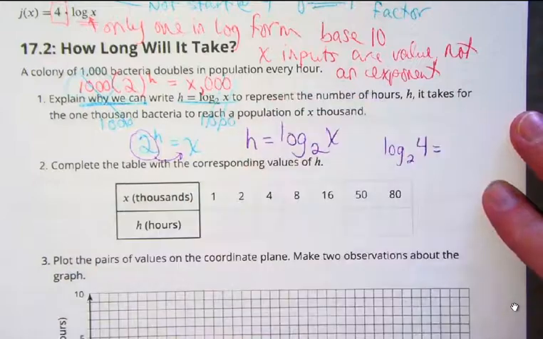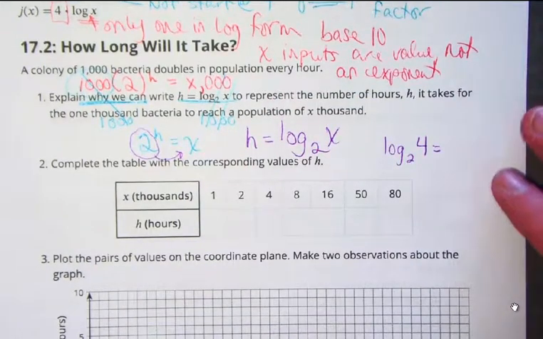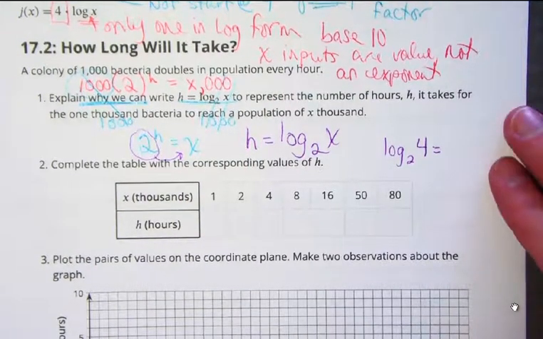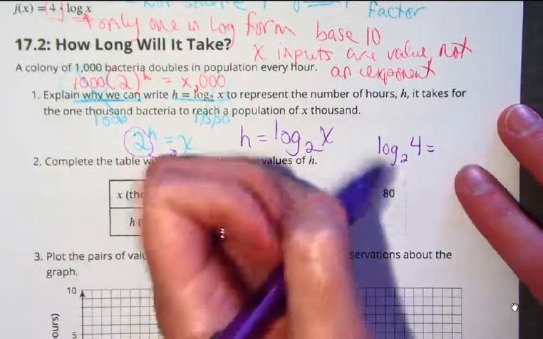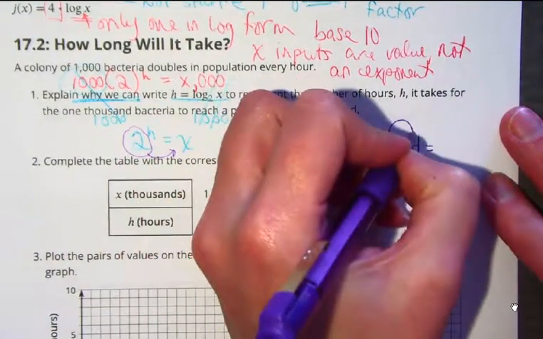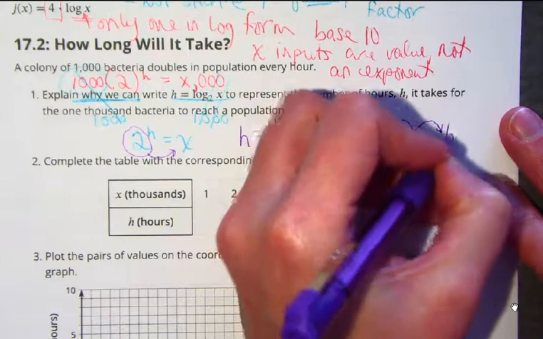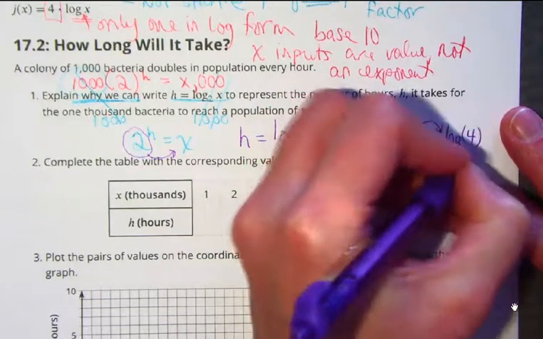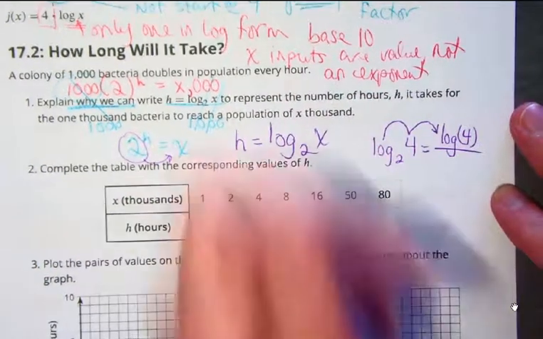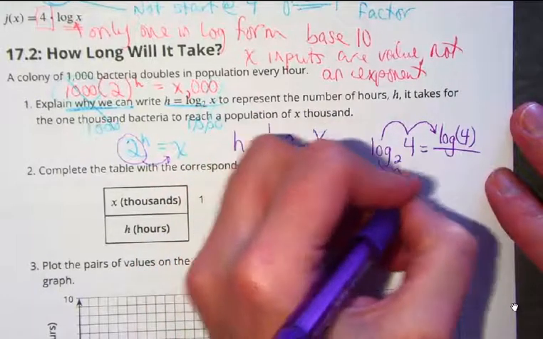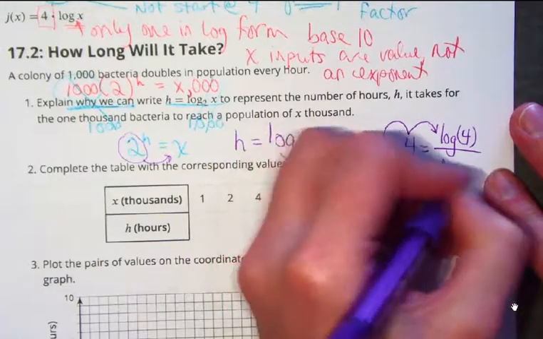If you have a TI 83 or 84 that has the log base, you could just use the math menu and find a log base. I myself prefer to just remember this because it works every single time: log 4 divided by log 2.